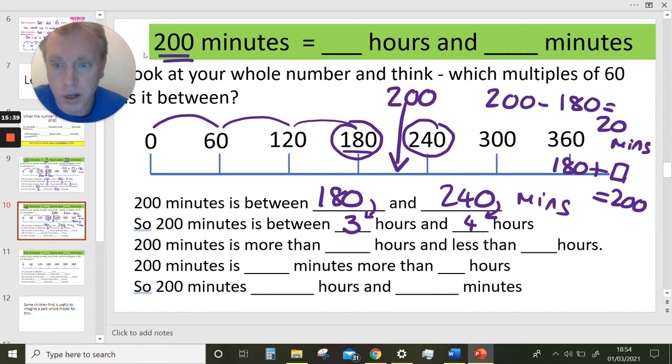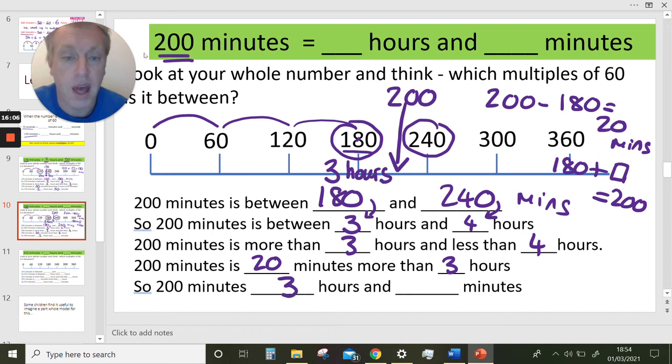Alright, so 200 minutes is 20 minutes more than 3 hours. 200 minutes is more than 3 hours, less than 4 hours. So we can count 3 whole hours to get to 180 minutes. 3 hours and 20 more minutes. Does it make sense?